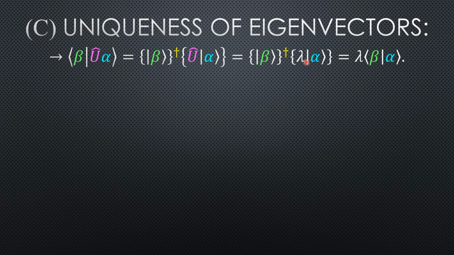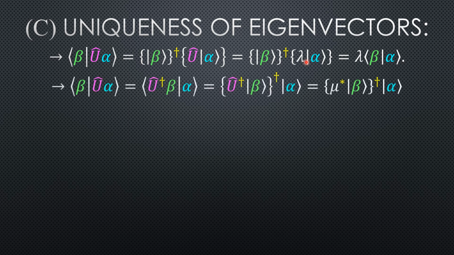Now, the result we previously just made can be put together here. Because if I have beta and U acting on alpha, I can put this U onto the other side with the dagger. And I know that I can deconstruct the inner product by U dagger beta in the ket now if I put a dagger on the outside. And that, again, transpose conjugate, make sure all our dimensionalities match.